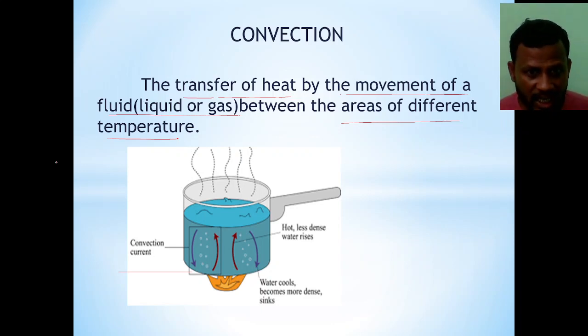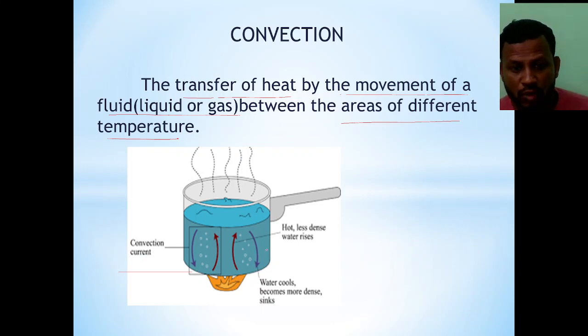Just imagine that we can see this picture. Look here, there is a vessel containing water. When we heat this water, it starts to boil. Water that is cool becomes more dense and sinks, forming the convection current.